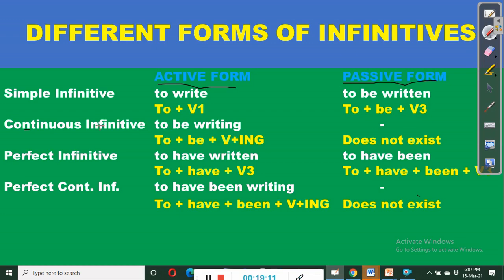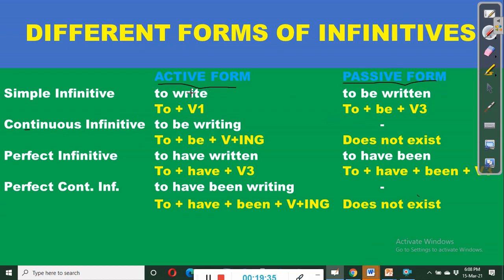So then the continuous form has only the active form. So we only have the active continuous infinitive. We don't have a passive continuous infinitive as we have a passive simple infinitive. The passive simple infinitive is "to be written."